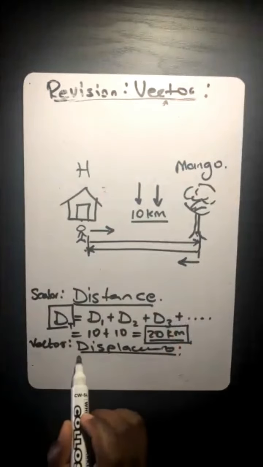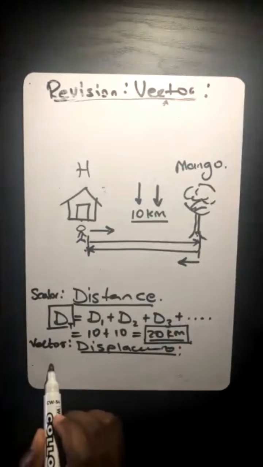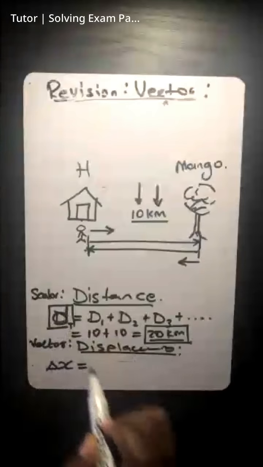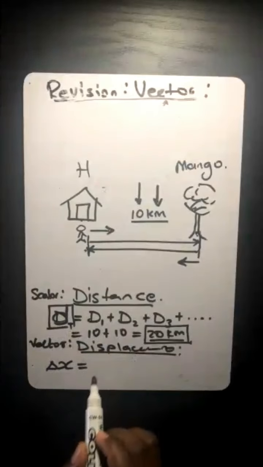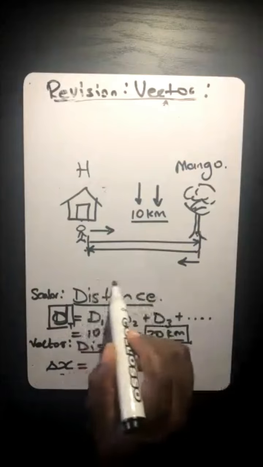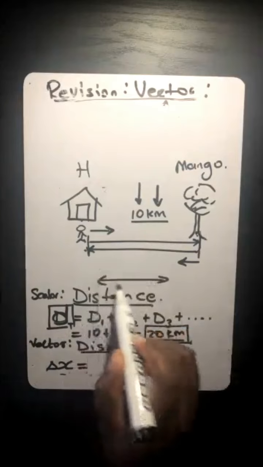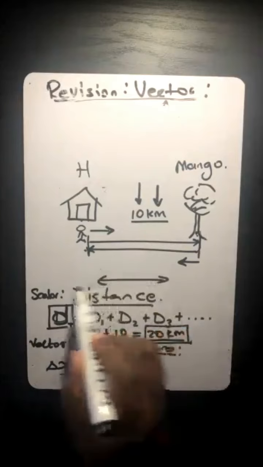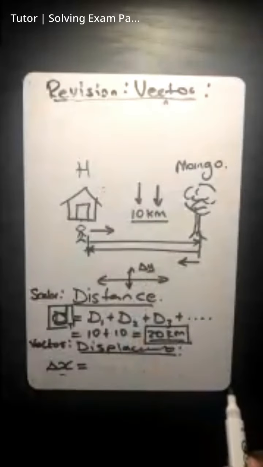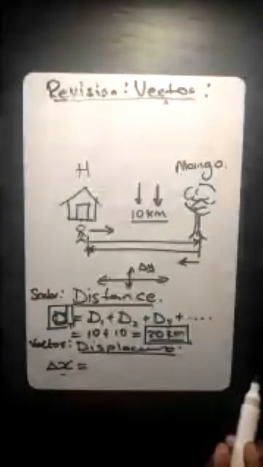When we calculate displacement, we can say delta x. The distance we can just say d, but displacement we refer to as delta x if you're traveling in this direction, either that or that direction. Otherwise, if it's up and down, then it becomes delta y, which refers to the displacement.